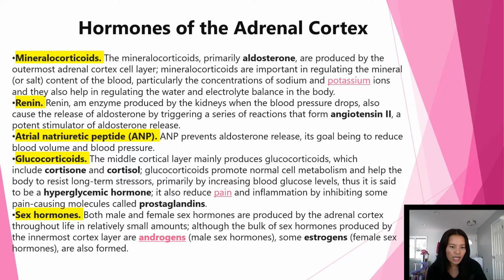The fourth hormone of the adrenal cortex is the glucocorticoids. The middle cortical layer mainly produces glucocorticoids, which include cortisone and cortisol. Glucocorticoids promote normal cell metabolism and help the body resist long-term stressors, primarily by increasing blood glucose levels.